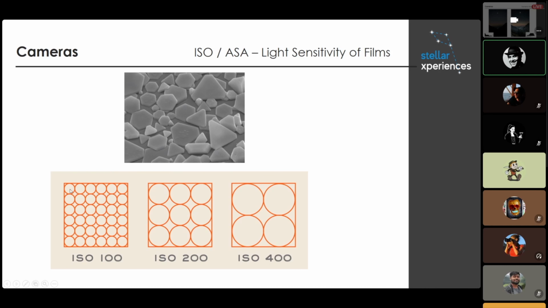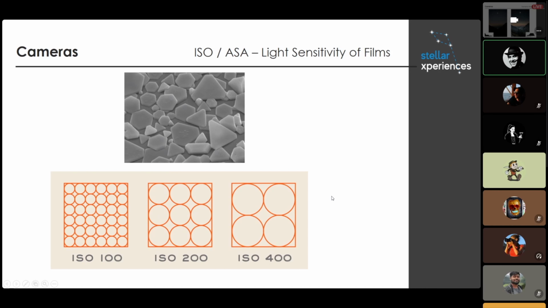Let's have a look. For instance, if your film was 100 ASA, it had smaller silver halide crystals, and if it was 200, let's say it used to have twice the size of the 100 ones, and vice versa.